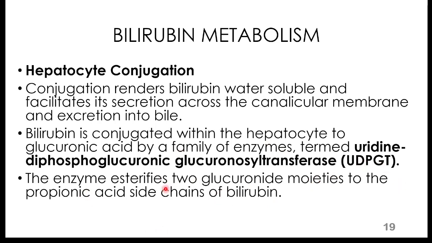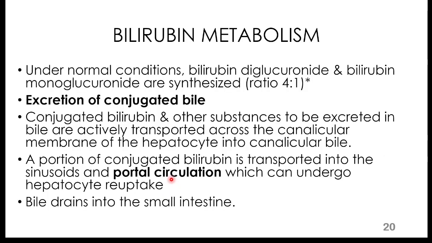The enzyme esterifies two glucuronide moieties to each bilirubin. Now, the conjugated bilirubin, I beg your pardon, and other substances that are to be excreted in bile will now be transported across the canalicular membrane of the hepatocytes into the bile.